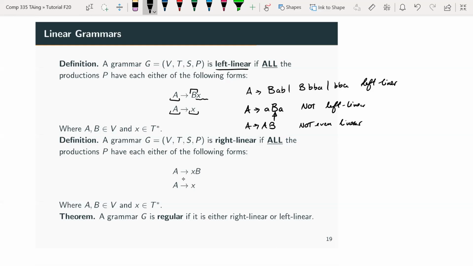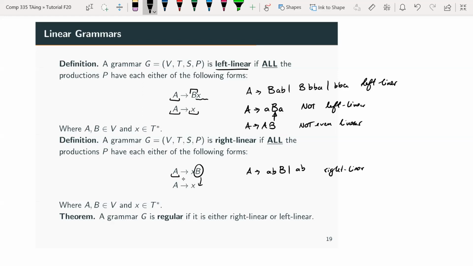And then similarly for right linear grammars, those are grammars where the production rules have a single variable on the left, and then on the right, the variable is at the rightmost of all the terminals, or you just don't have a variable. So for instance, if I had A gives you ABB or AB, this would be right linear.